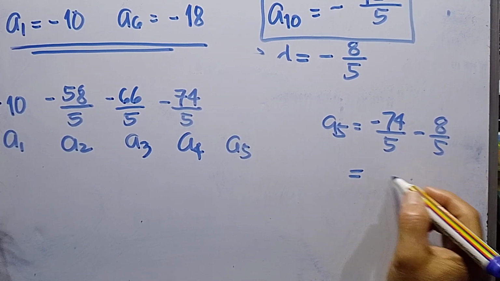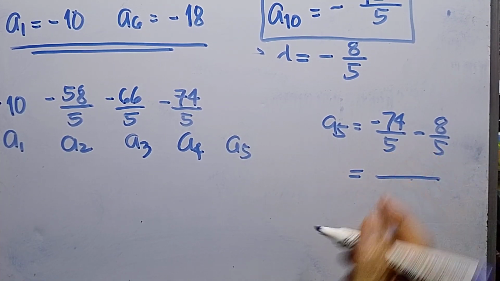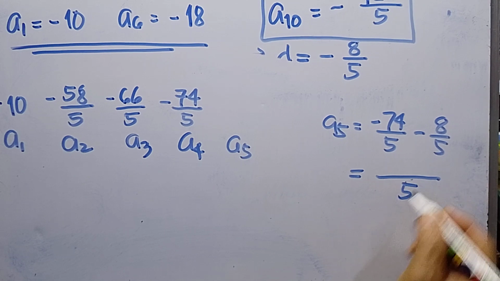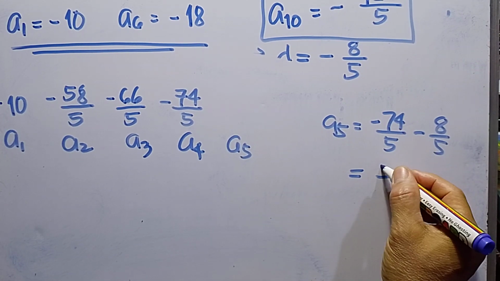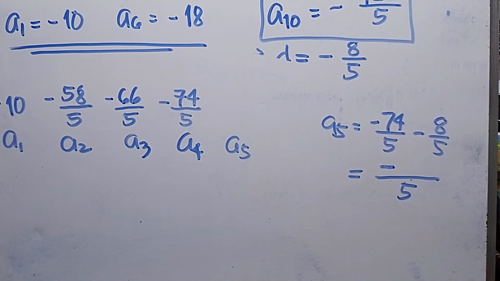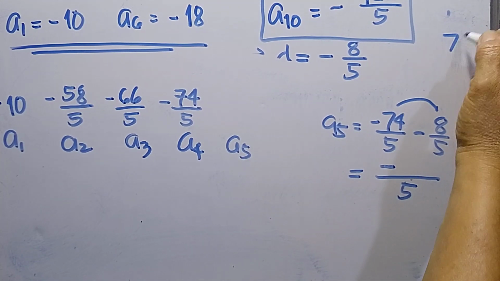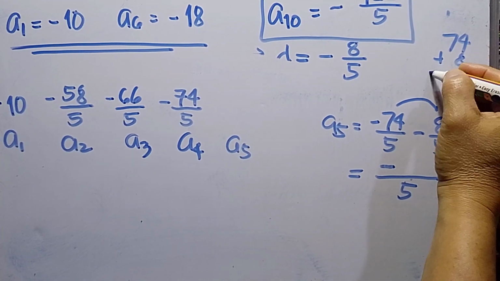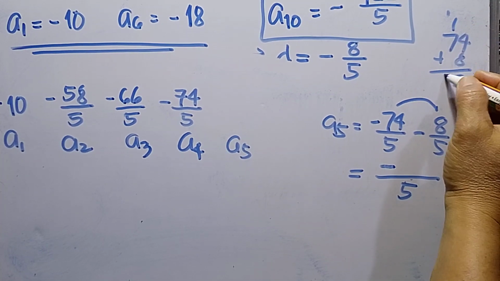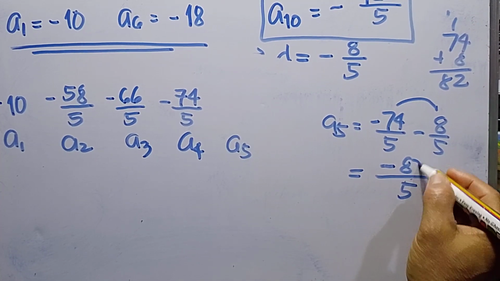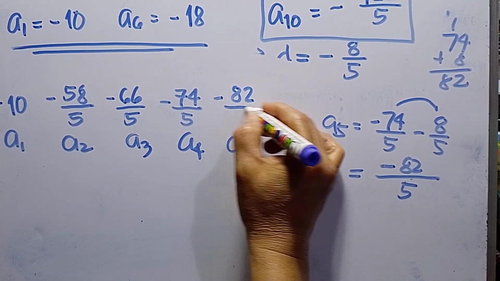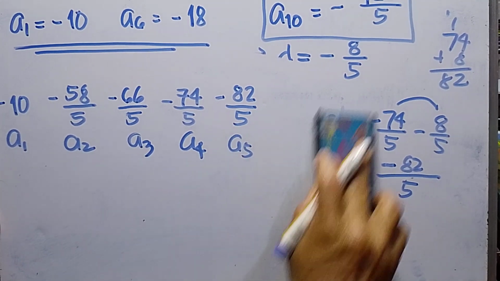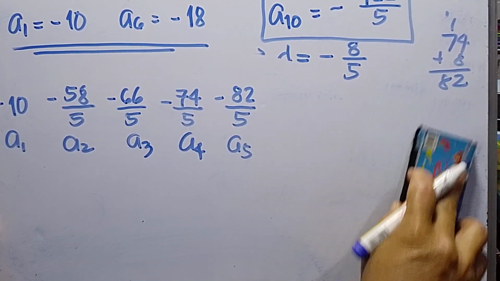So the same, take the common denominator which is 5 and then add 74 plus 8. This is 12. Carry 1, 82. So this is negative 82 over 5. How about A sub 6?